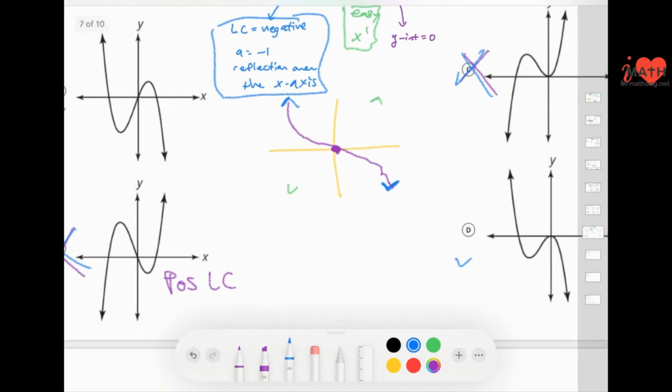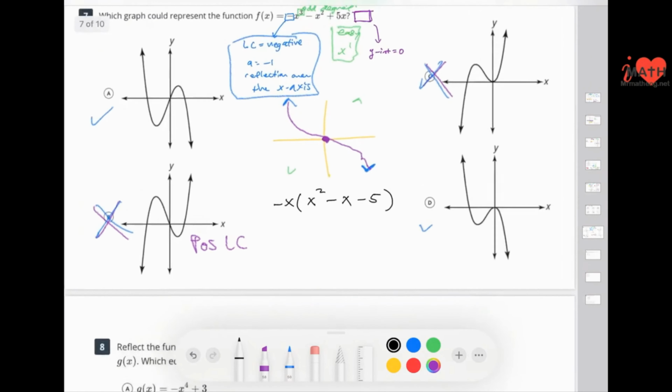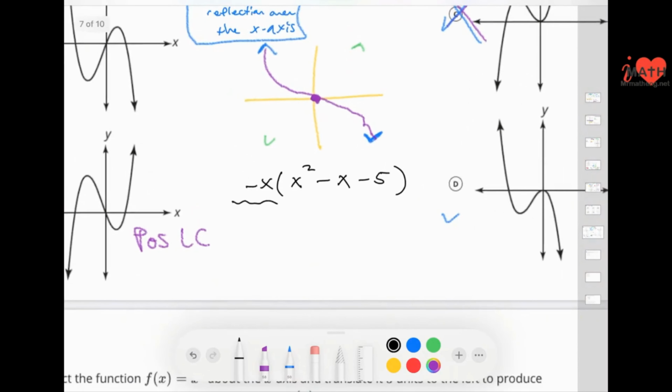And let's see if I can work with it a little bit. Let's factor out a negative x. If I factor out a negative x, I will get x squared minus x minus 5. Okay, what I did, I just took out a greatest common factor.